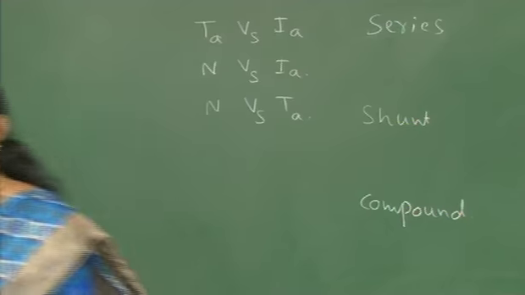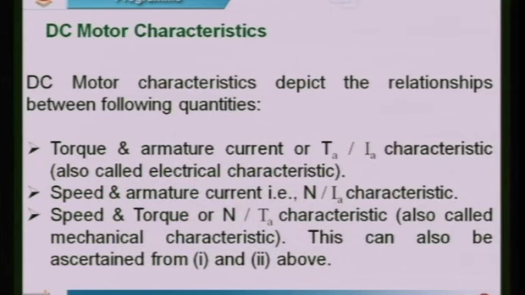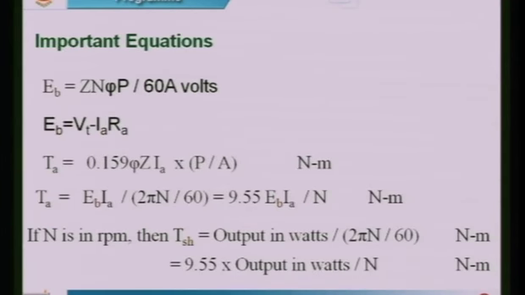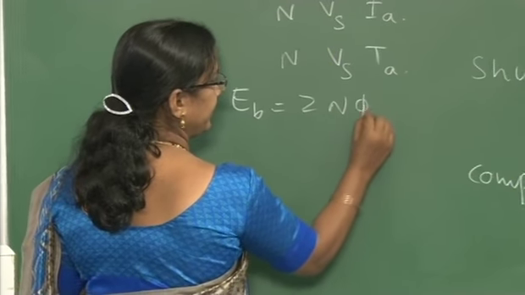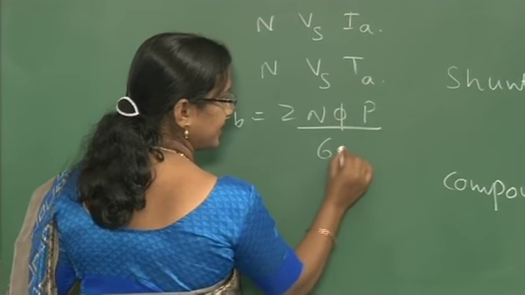For this, we are going to consider the equations we have already derived, the EMF equation and the torque equation. The EMF equation is EB equal to Z N phi P divided by 60A.